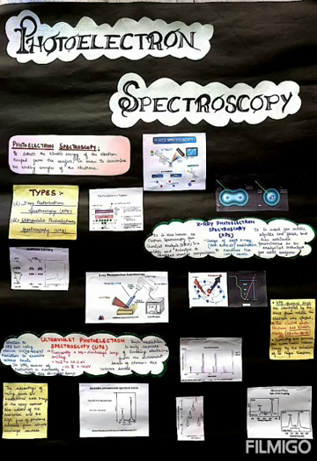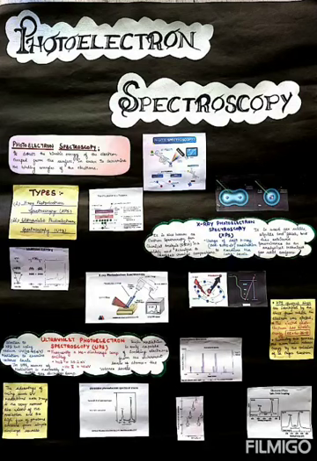The detector has an electron collecting lens through which the emission of the electron is observed, and the detector later gives the graphical representation of the emitted electron.